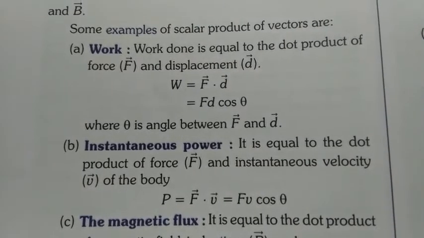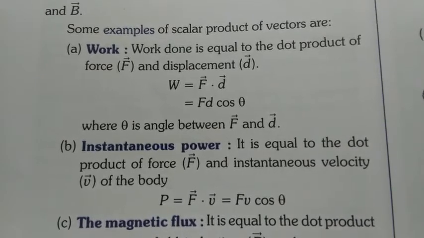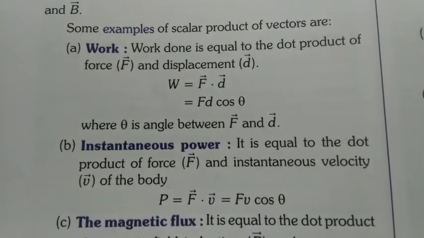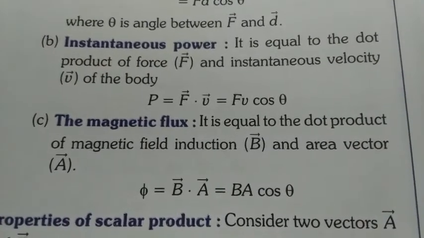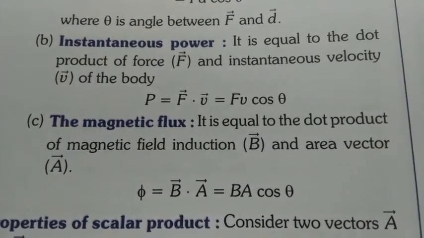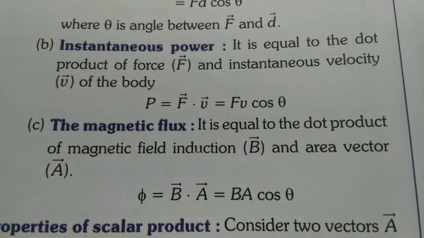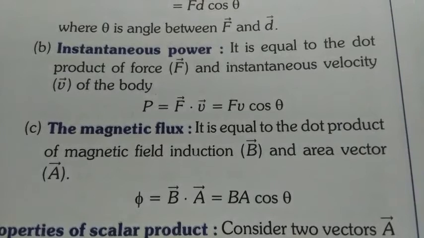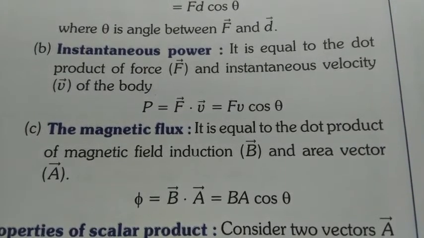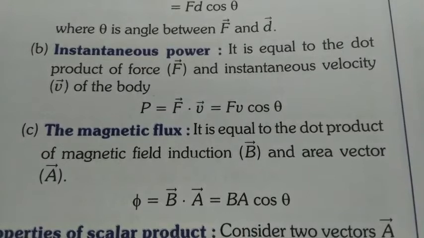So here force and displacement are in dot product, or it can be written as F D cos theta. Similarly, instantaneous power is the dot product of force and velocity, and magnetic flux phi is the dot product of magnetic field B and area vector A.